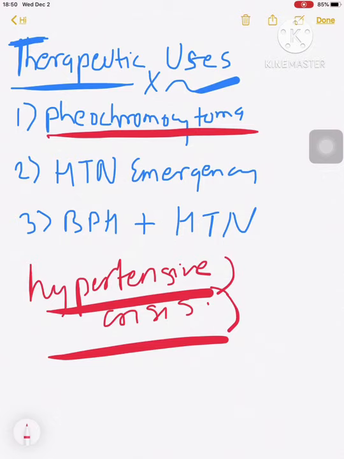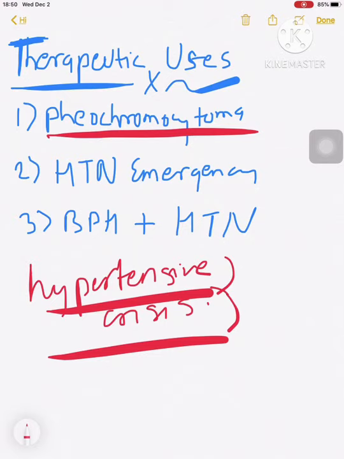If the patient is undergoing surgery for pheochromocytoma, during handling of the tumor, release of a large quantity of catecholamines may occur, which can cause a sudden severe increase in blood pressure. So what do you do? You give IV phentolamine. This is the reason why phenoxybenzamine and phentolamine are used in the treatment of pheochromocytoma.